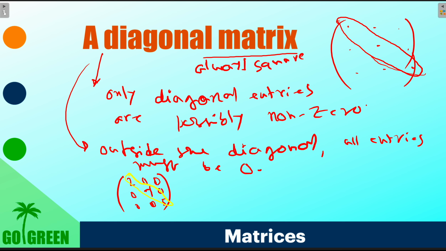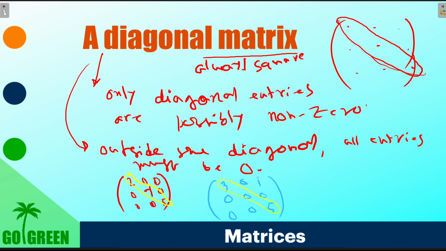But if I write this way, for example, 3 0 1, 0 0 0, 0 0 5, okay? What is the diagonal? The diagonal is simply this. But outside the diagonal there is a non-zero number.